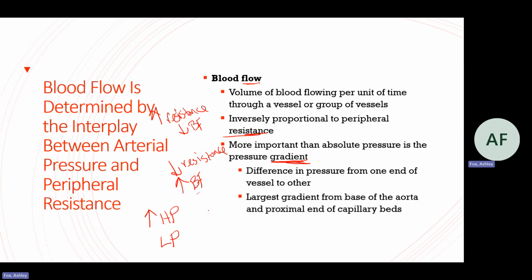If you're in a high stress, high pressure situation, your goal is to get to the lower pressure situation. Same thing with molecules. So there is a difference in pressure from one end of the vessel to the other, and the largest difference is going to be based in the aorta. High pressure is going to be here, and then looking at the beginnings of the capillary beds just past the arterioles.